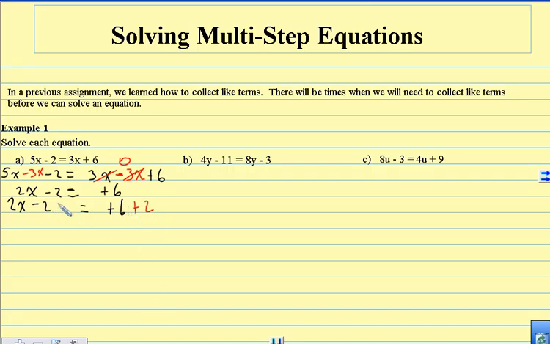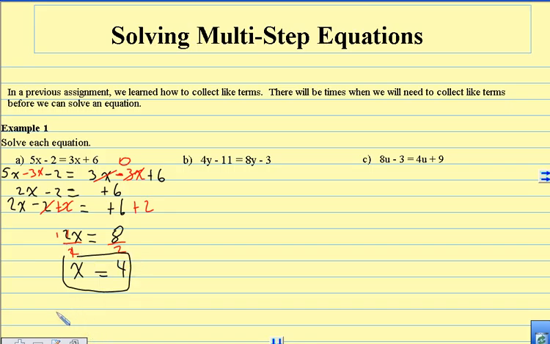But if I add 2 there, I have to add 2 here, and you see that these cancel out, leaving 2x equals 8. And lastly, 2 is multiplied by x, so I divide by 2 on both sides. The 2 and the 2 cancel to be 1x, so we're left with x equals 4.